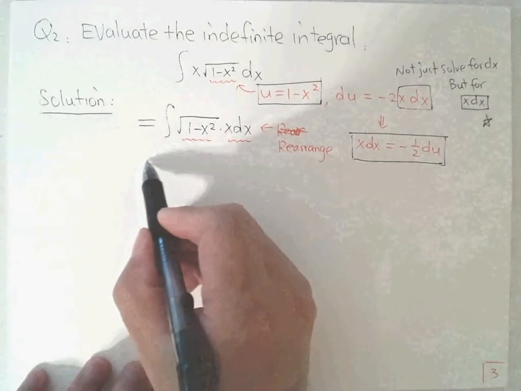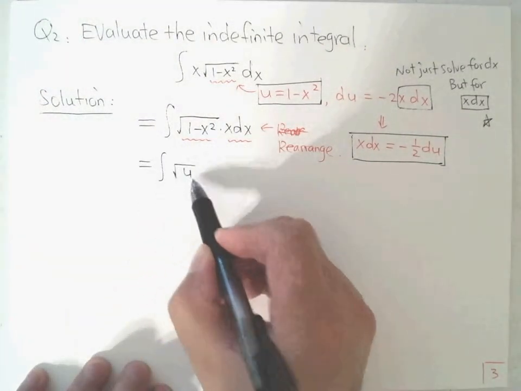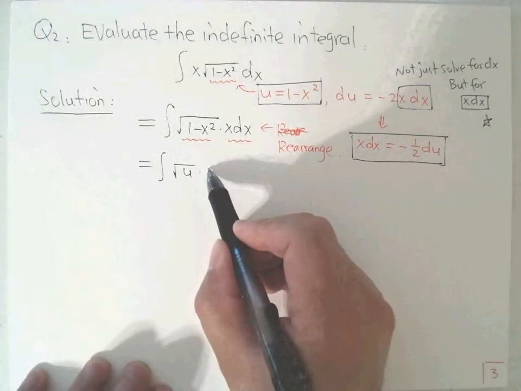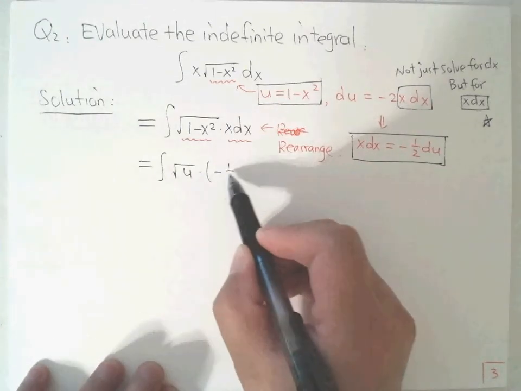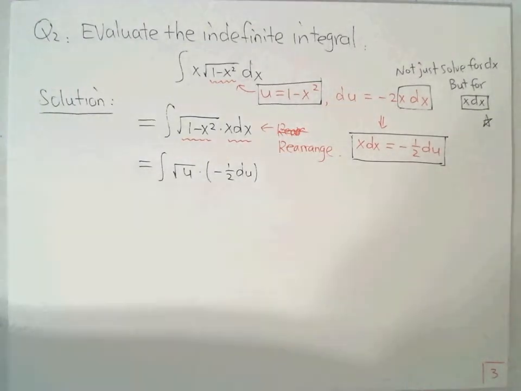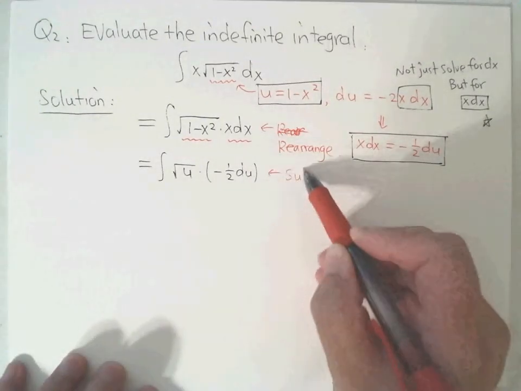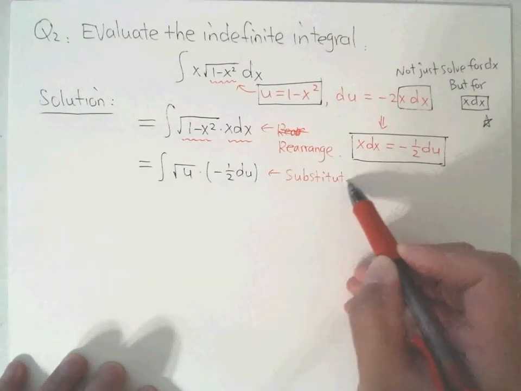Okay, and then plug in. In the substitution we have the integral of square root of u, times, putting in the parenthesis, -1/2 times du. Okay, and this is exactly substitution, right?